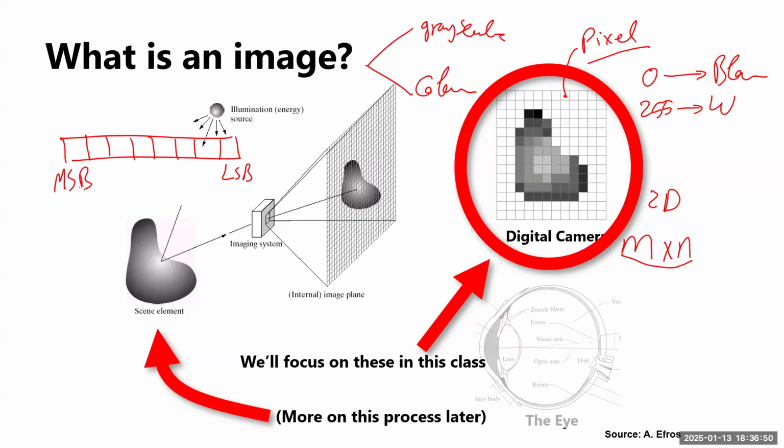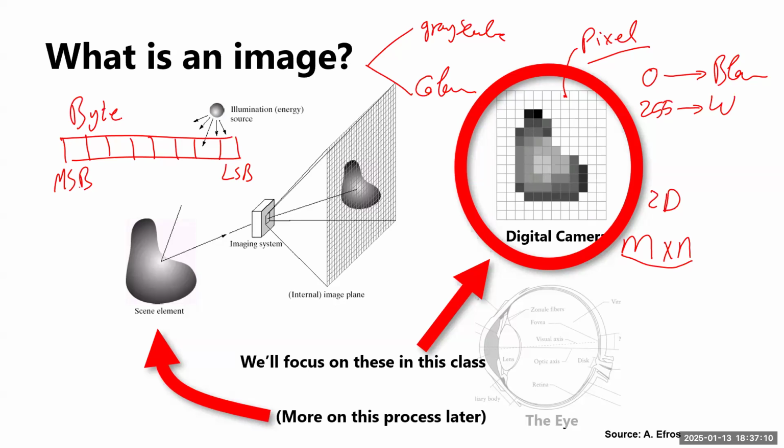Did you see this pattern before? The least significant bit and the most significant bit? What do we call this? A byte, 8 bits. So 1 byte has 8 bits, right?